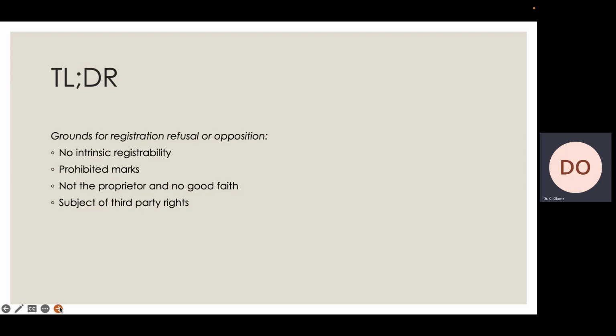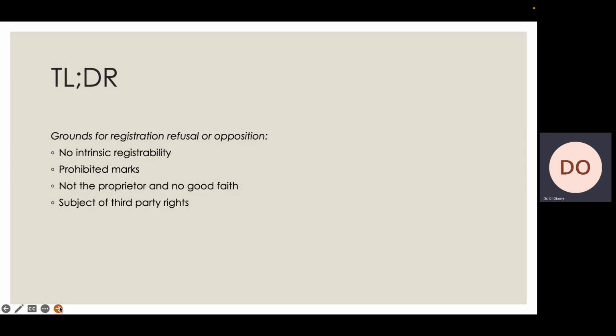To recap, when you file an application for registration of a mark, the registrar could refuse your application and refuse to register the mark, or someone could oppose the mark, successfully or not.